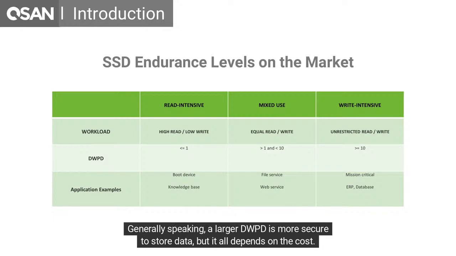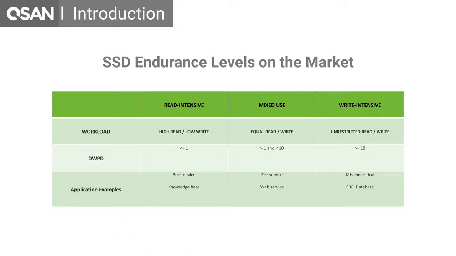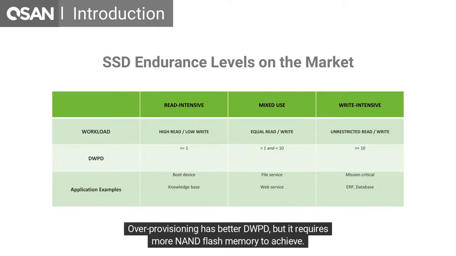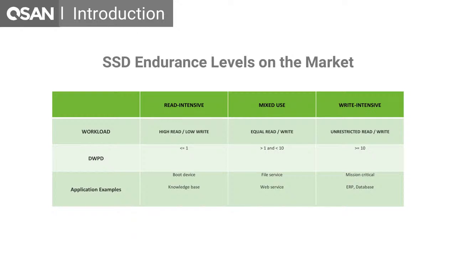Generally speaking, a larger DWPD is more secure to store data, but it all depends on the cost. SLC has the best write cycle, but it is more expensive than MLC, TLC, and QLC. Over-provisioning has better DWPD, but it requires more NAND flash memory to achieve. Users must choose the right SSD according to the application to optimize TCO.